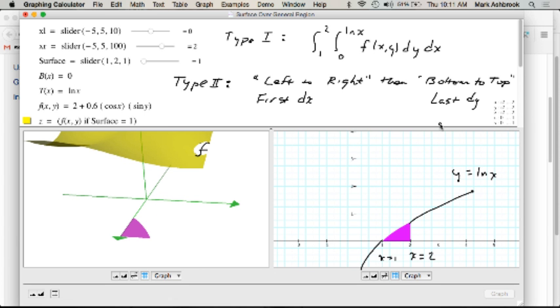So can we go from 1 to 2 and 0 to ln of x? Will it work? So can I just flip these? No, because when I go from 1 to 2, what will that really do? 1 to 2 is going to go from 1 to 2. All right, and then, so it's not going to work.